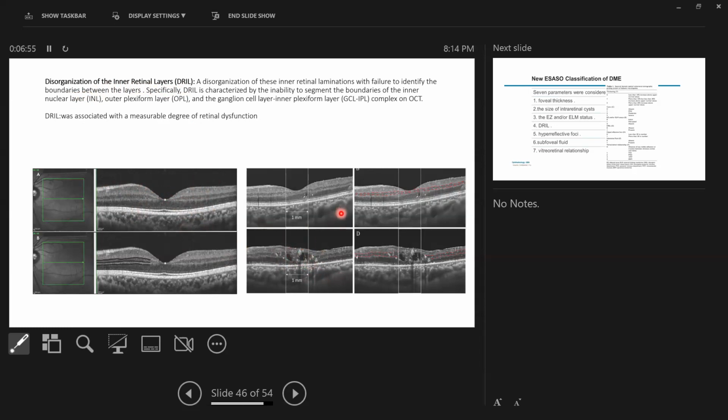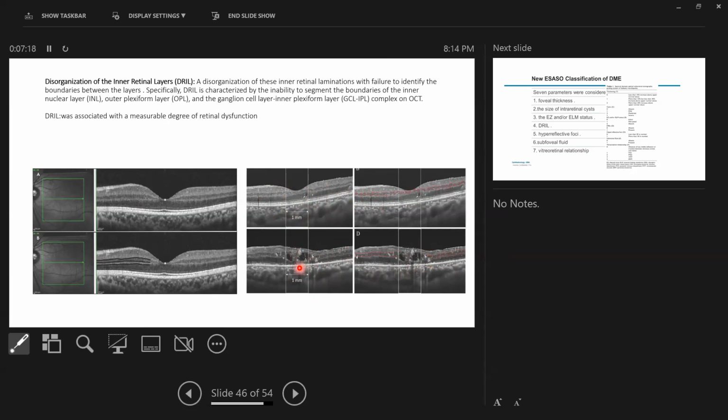For example, if we look at this case and this case below, these are two cases getting a vitrectomy for a vitreous hemorrhage. In case number one, the vision was 6/6 because the fovea is perfect and intact. While in case number two, the vision was 0.1, not because of bad surgery, but because the patient already had a DRIL.